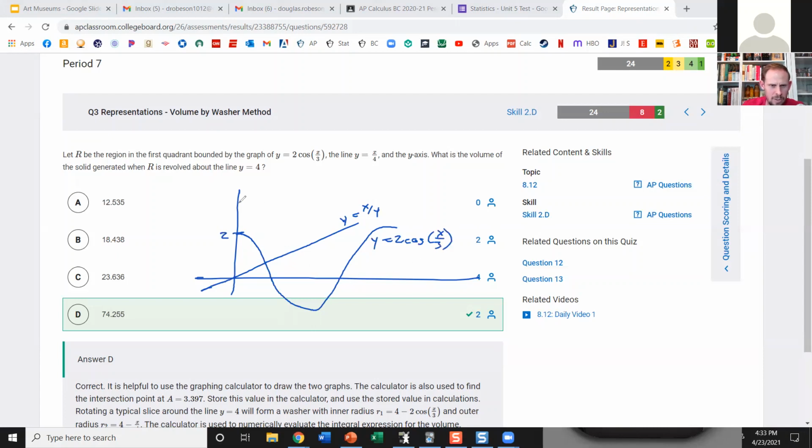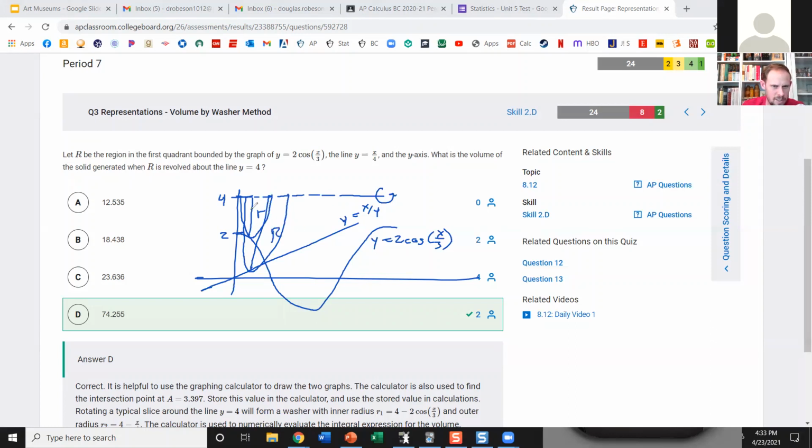All right, so now what we want to do is revolve this around y equals 4, which is up here. So we want to take it and revolve it around that. So that means we're taking this little region here and revolving it around. So in other words, we'll have a little r that goes to this curve, and we'll have a big R that goes to this other curve that's farther away.